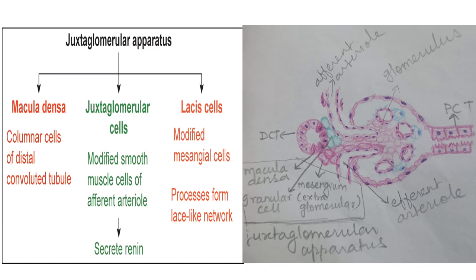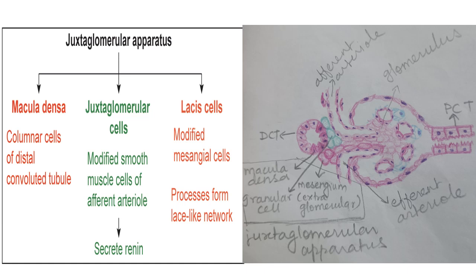Then the second component of the juxtaglomerular apparatus is the macula densa. Macula densa are specialized cells of the distal convoluted tubule. They lie adjacent to the afferent arteriole where the basement membrane of the tubule disappears, and here the lining cells are densely packed. They are in close contact with the juxtaglomerular cells.